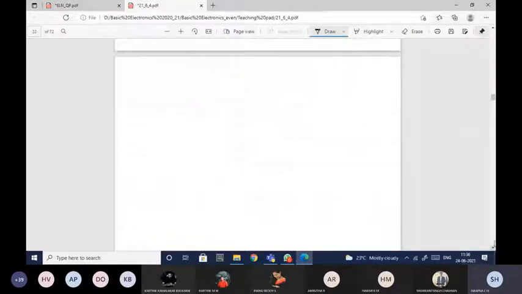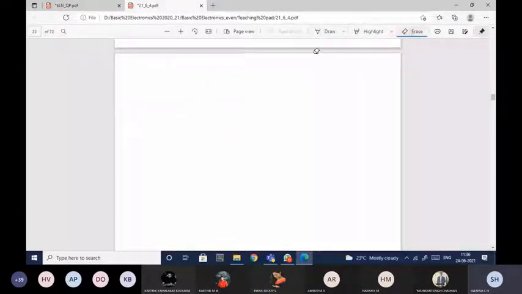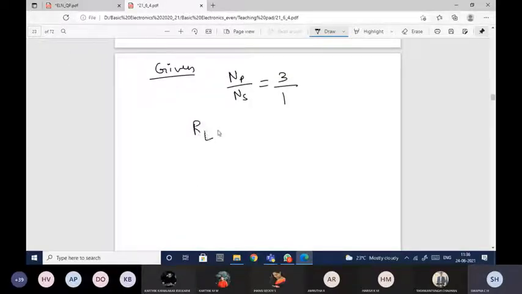So first let us write the given parameters. What is given? He has given NP by NS is equal to 3/1. Then he has given RL is equal to 10 kilo ohms. Then the primary voltage of the transformer, VP, is 230 volts.